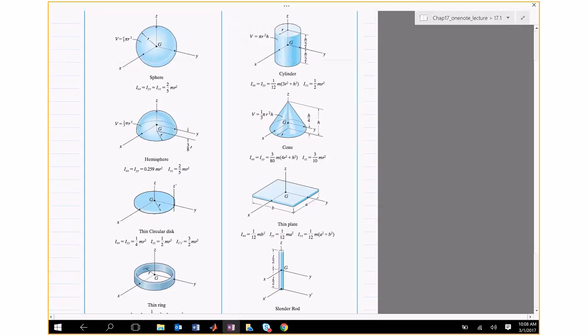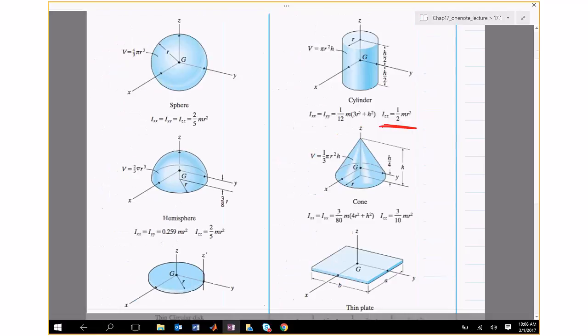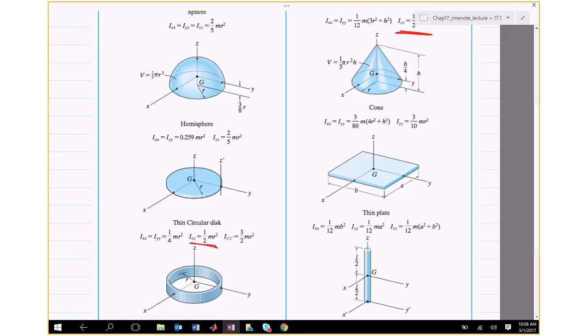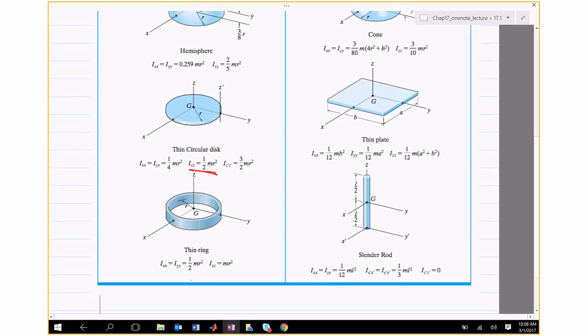The cylinder is important. Usually the cylinder rolls about the z-axis, which is shown here. The inertia of this is the same as the inertia of the circular disk about the z-axis. If you think of those two together, you remember the formula for inertia: m r squared divided by 2. An easy case is this one.